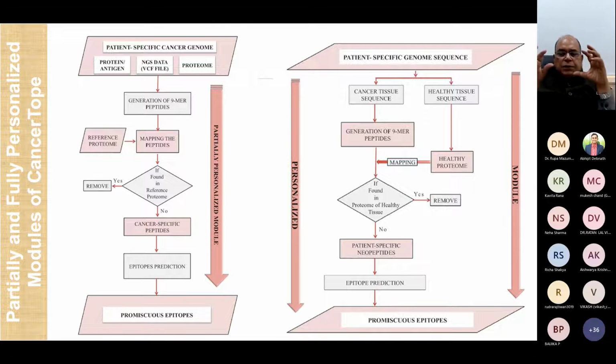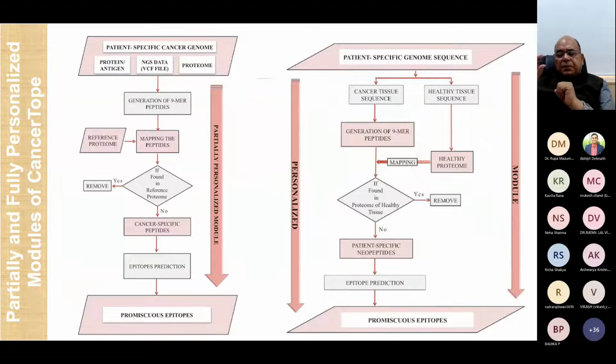In fully personalized, what we suggest is basically to take cells from the tumor and do the genome sequencing. Take the healthy cells near to the tumor, adjacent to the tumor, and sequence them. Then you have the two genomes, compare them, and find out the regions which are mutated in cancer.